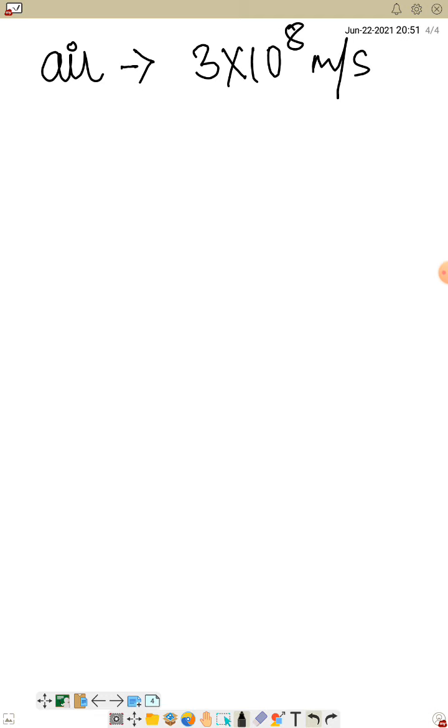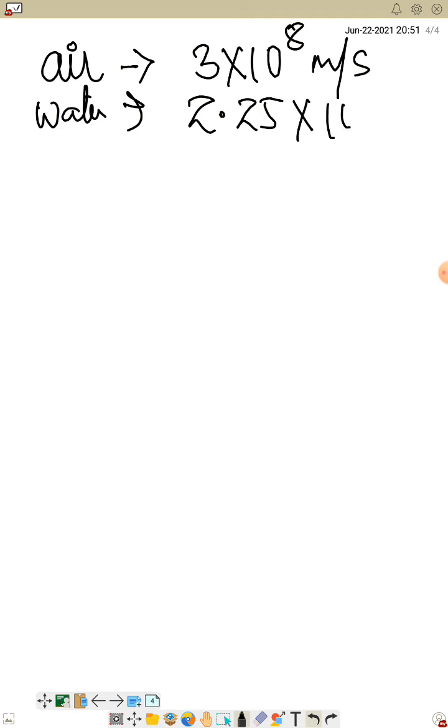Now in the last class I told you that the speed of light in air is 3 into 10 to the power 8 meter per second. Speed of light in water is 2.25 into 10 to the power 8 meter per second.